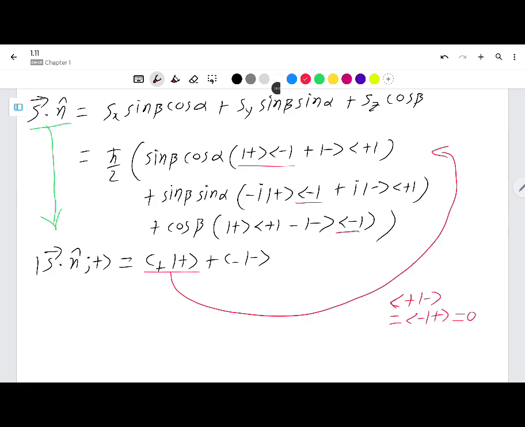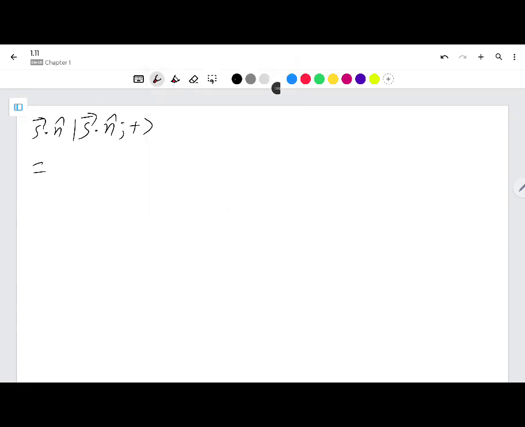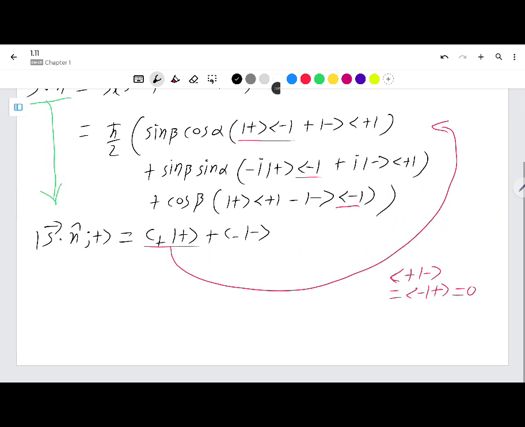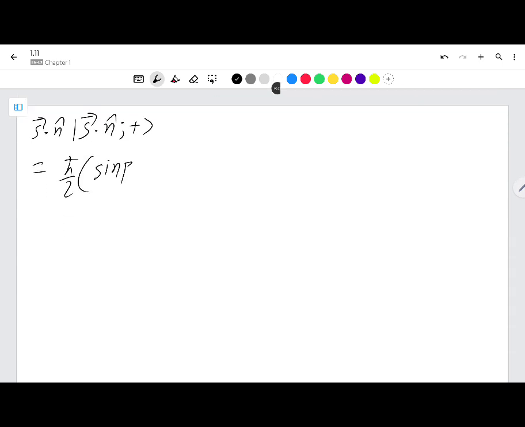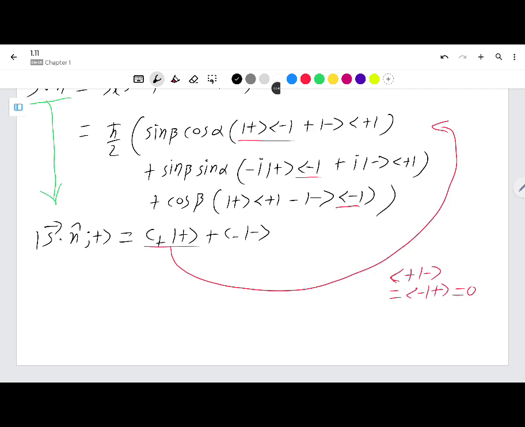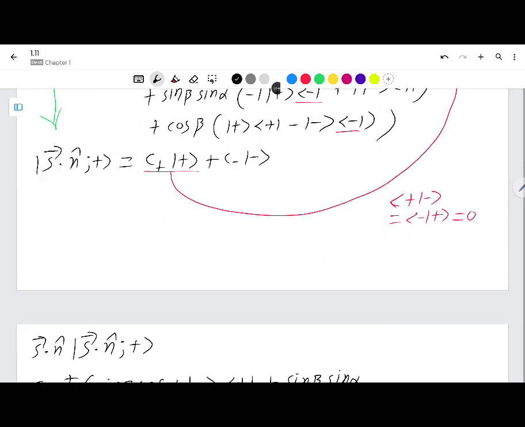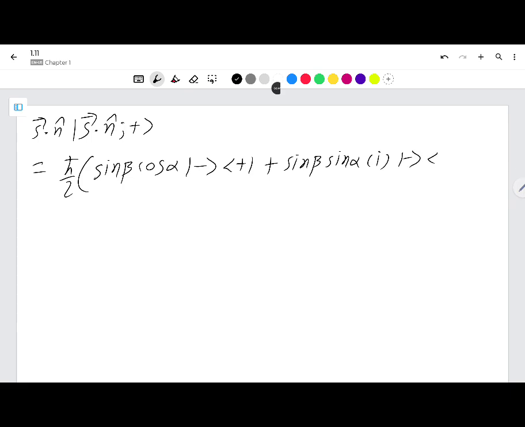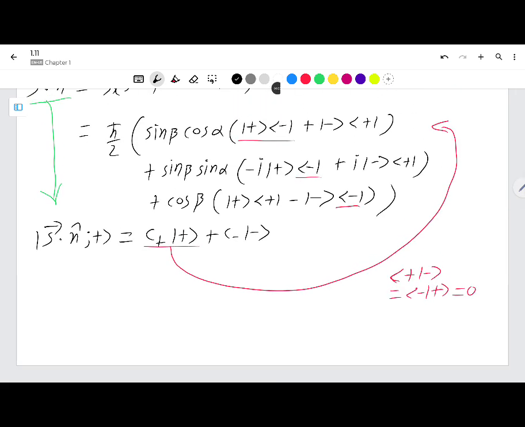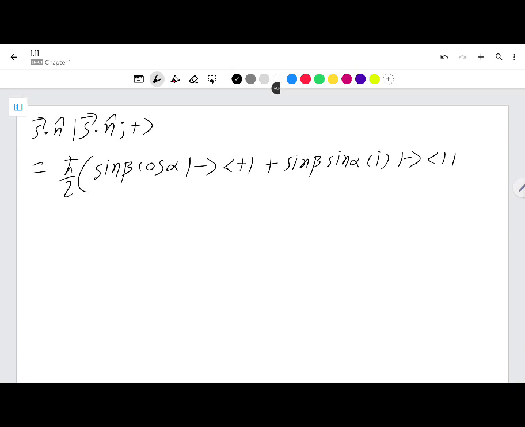So how do we write this? h bar upon 2, sin beta cos alpha, negative positive, plus sin beta sin alpha times i, this is positive i, plus cos beta, positive, and all of these terms are multiplied by c plus.